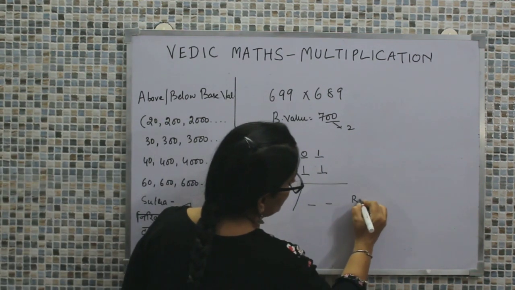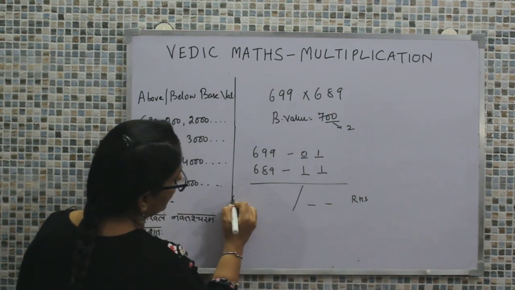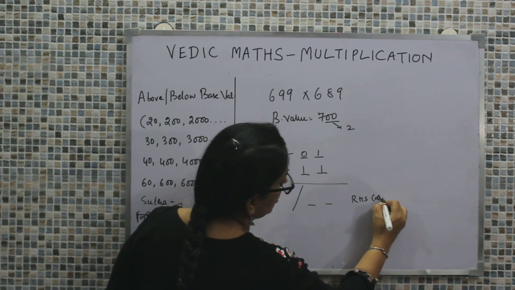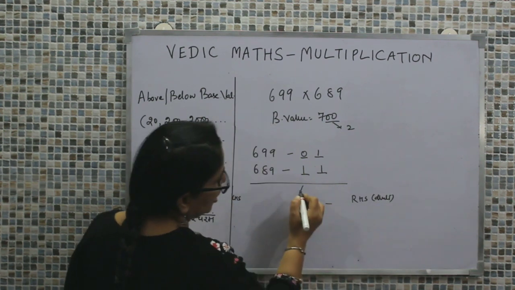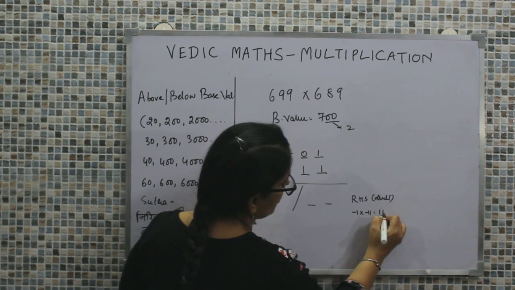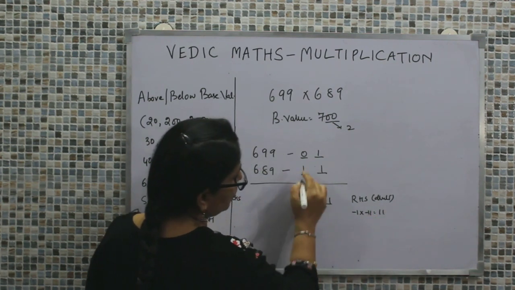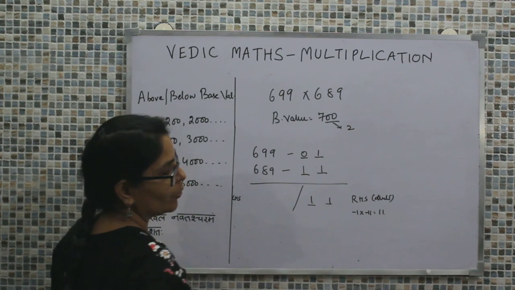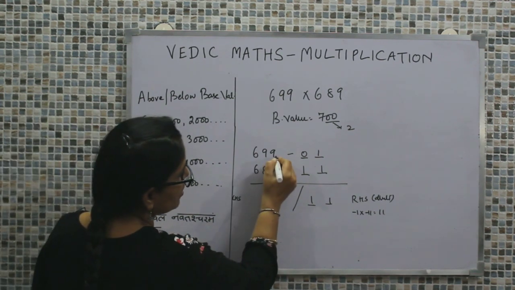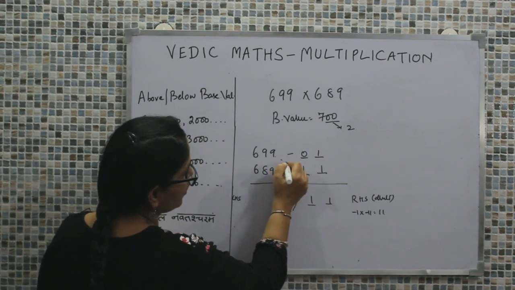Make out the calculation for the RHS and the LHS. RHS talks about multiplication. So multiplication would be minus 1 into minus 11. So that is 11. Minus into minus is positive, so it comes out to be plus 11. Talking about the LHS, LHS is diagonal addition or subtraction.